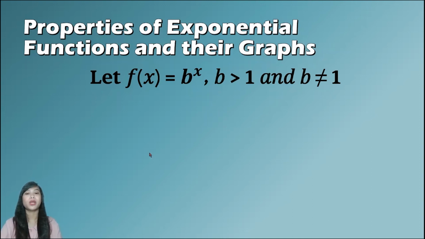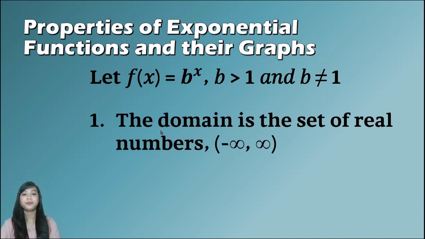The specific graph that we are talking about here is just the f of x, which is equal to 2 raised to x, because that is the b greater than 1.